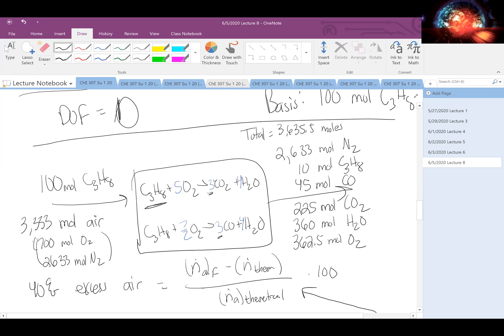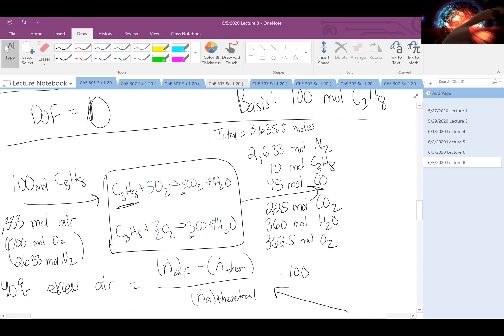And if I divide each of these components by the total number of moles, I can get the mole fractions, which we'll put in red.